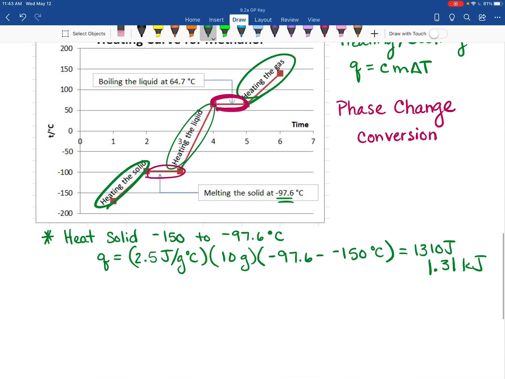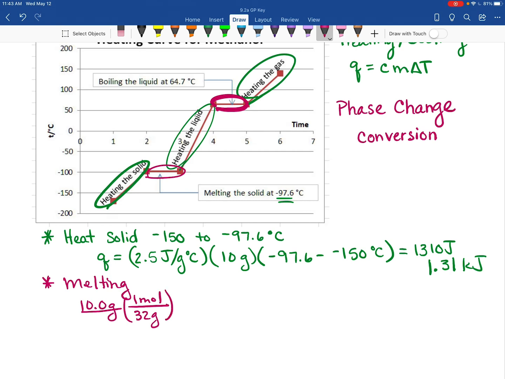All right, the next part, we want to do the melting. So let's do that melting. We know that we have 10 grams. We know from up above we already did the molar mass, and this was 32 grams per 1 mole.